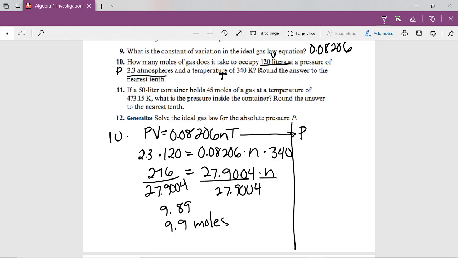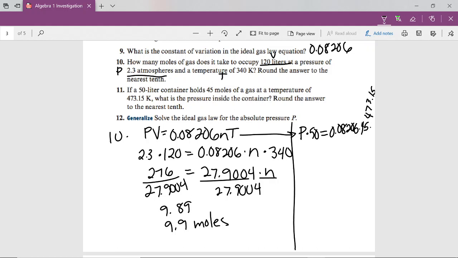We don't know our pressure, but I can say my volume is 50 liters. And then I know that I have my constant 0.08206 times my number of moles. I know that this time. I have 45 times the temperature, 473.15. So I can solve for P in this case.